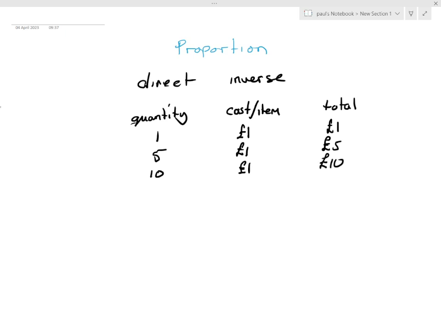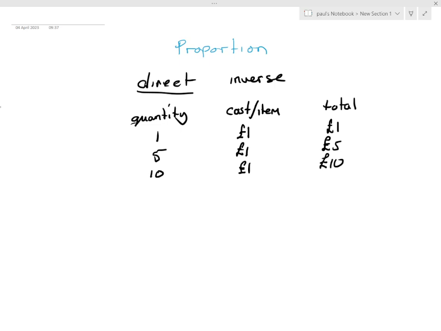So we have a direct proportion between the quantity we buy and the total amount that we have to pay. As the quantity goes up, the total also goes up.